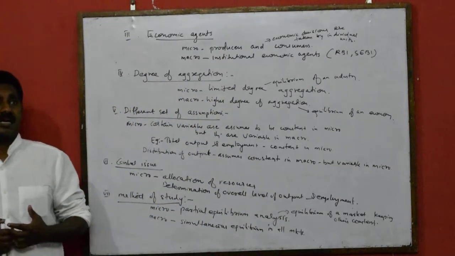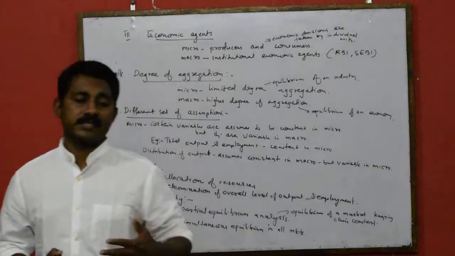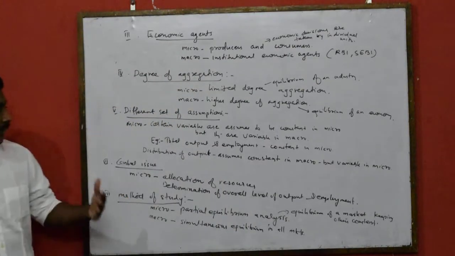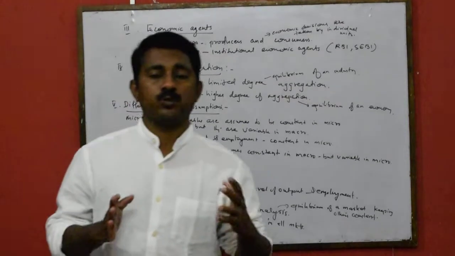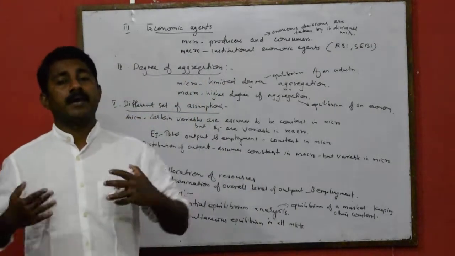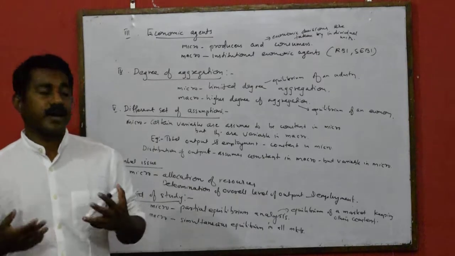Some variables which are assumed to be constant in micro keep on changing in macro. For example, total output and total employment are assumed to be constant in micro but it is a changing factor, a variable in case of macro.